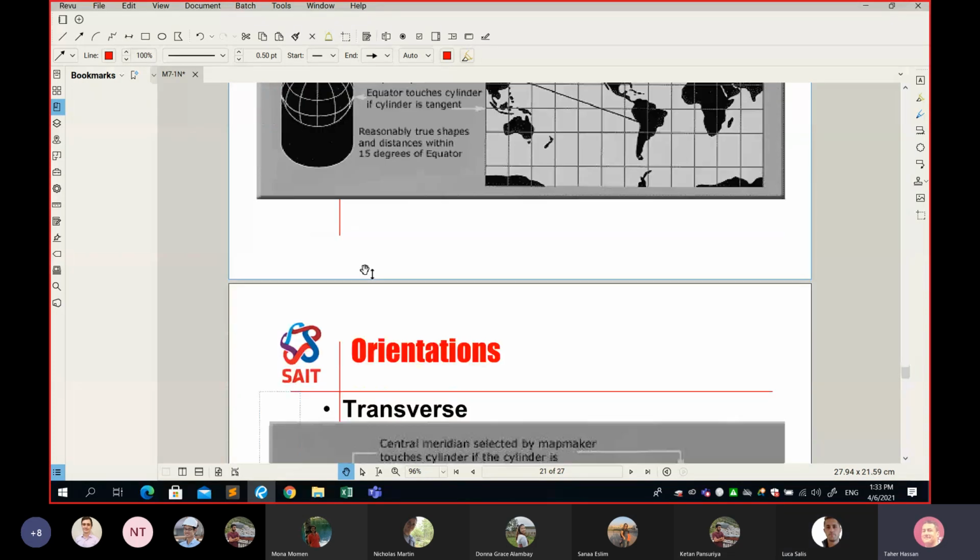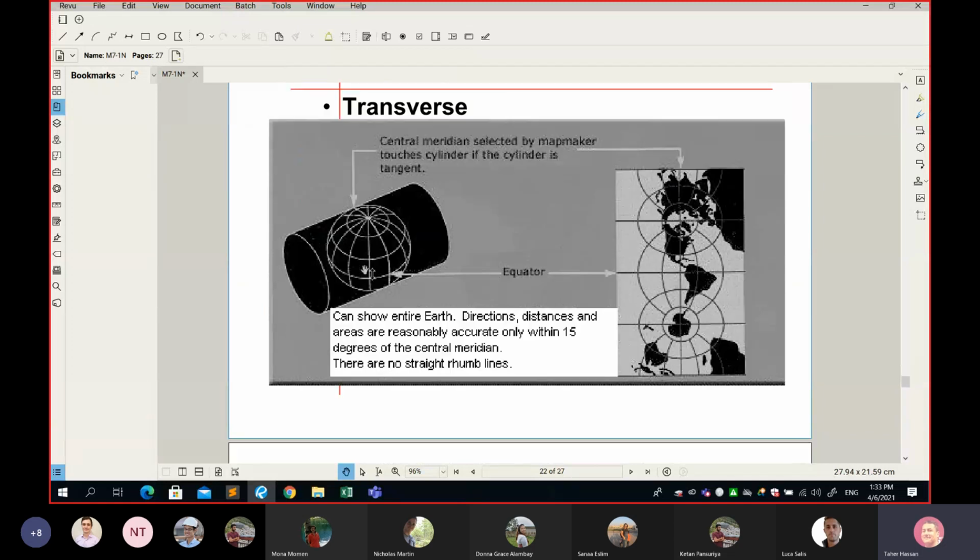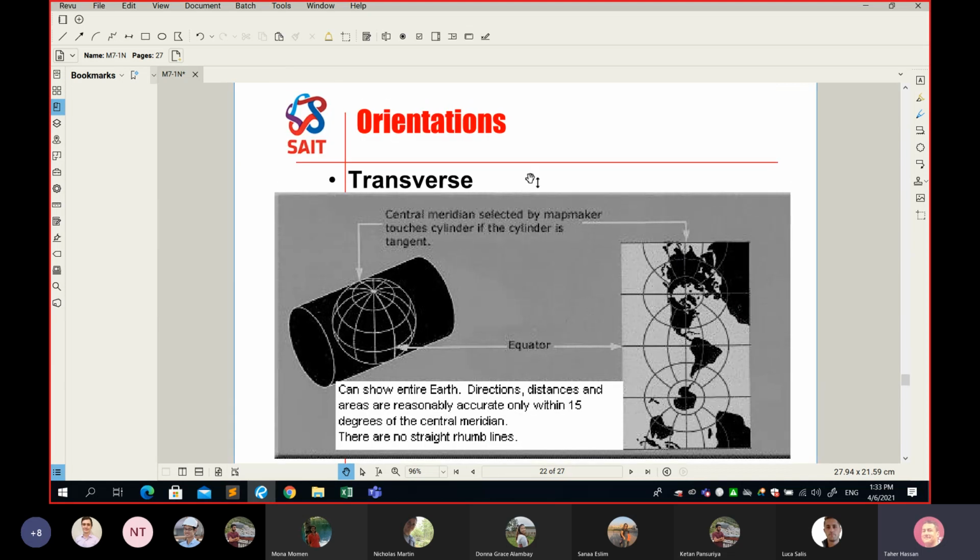Yes. Okay, what if we rotate the axis of the cylinder 90 degrees? Instead of touching the cylinder on the equator, we take the cylinder and rotate it 90 degrees. What we get is a projection called transverse, not normal.